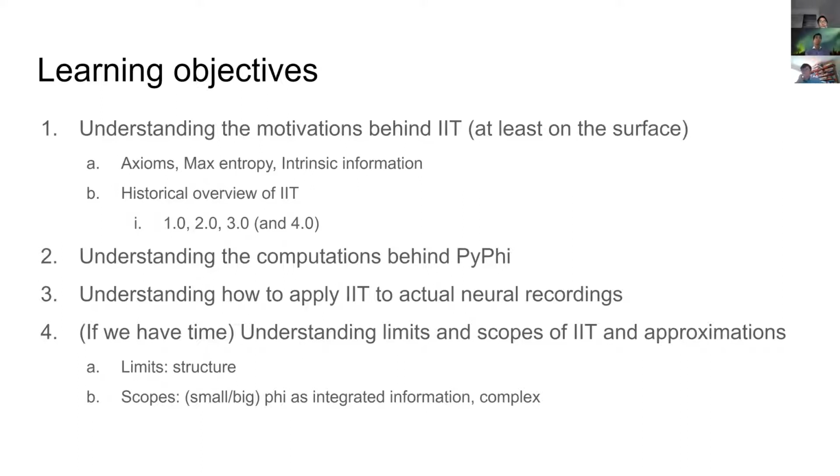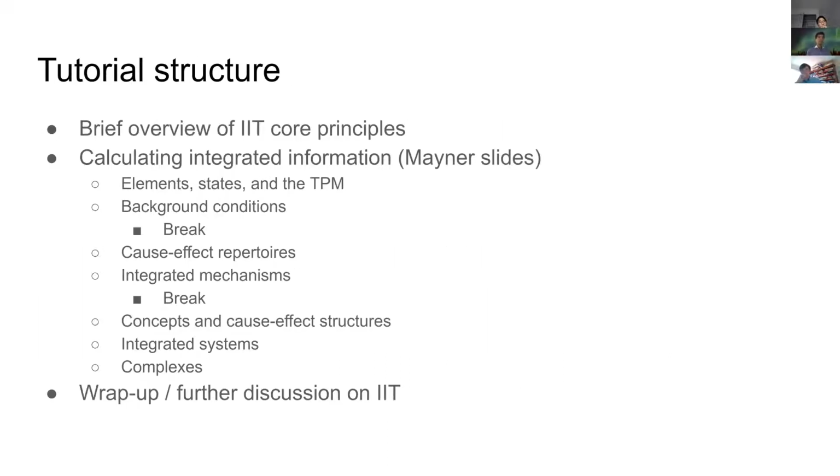Learning objective 3 will be scattered throughout the tutorial, but we're going to be having a brief look at how we apply IIT to actual neural recordings. And then at the end, in the question and answer section, if we have time, we'll be looking at some of the limits, scopes, and approximations of IIT measures.